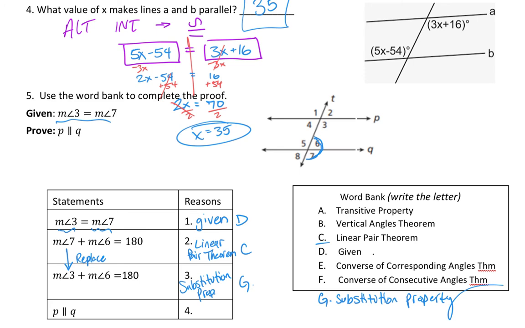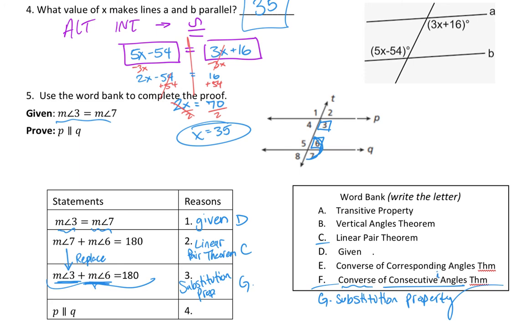So let's talk about this. What kind of pair do 3 and 6 form? That's going to be the answer to this last part. 3 and 6 form what type of angle pair? That's how you do these problems. 3 and 6 form consecutive interior angles. So I've got to find the answer that talks about consecutive interior angles. Looks like F, which is actually one of our converse theorems. But we need to focus on the part about consecutive angles.